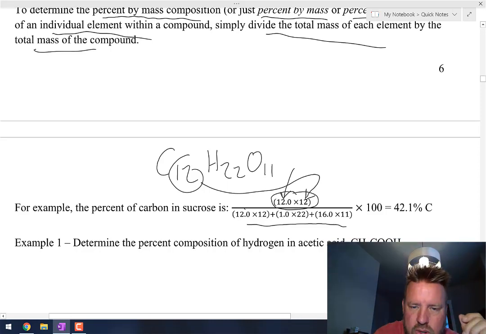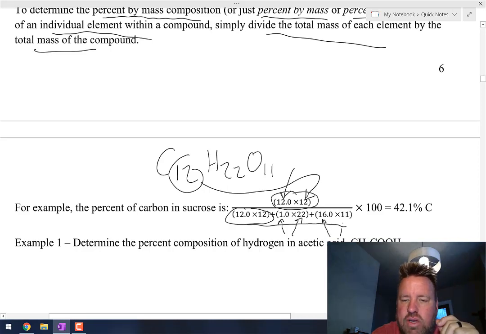So make sure to include that carbon again on the bottom, and then there's the mass of hydrogen times the number of hydrogen atoms, and then the mass of oxygen times the number of oxygen atoms. Make sure that you add all those numbers together. Be very careful with your calculator.